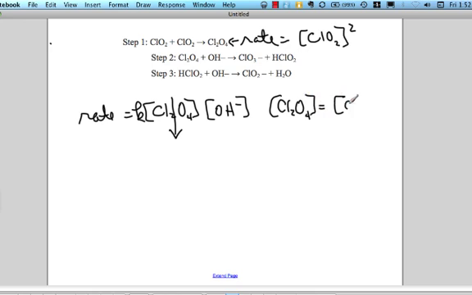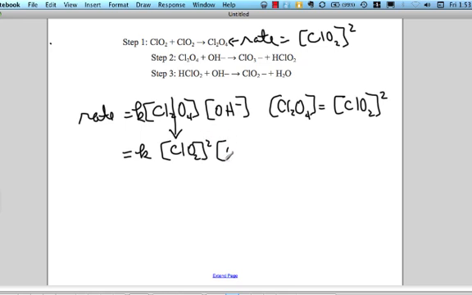All right. I am putting the Cl2O4 equal to what it is on the other side. So if I do that, I end up with the correct rate law that agrees with what was determined experimentally.